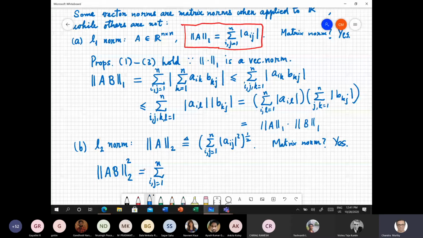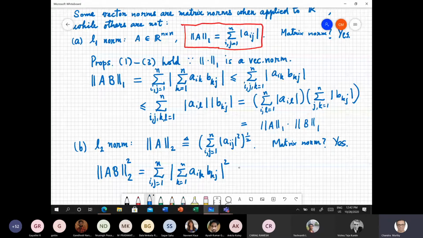I have to take the mod square of this term, the sum over k equal to 1 to n of a_ik b_kj, squared. And now this is actually the square of the inner product between the ith row of A and the jth column of B.